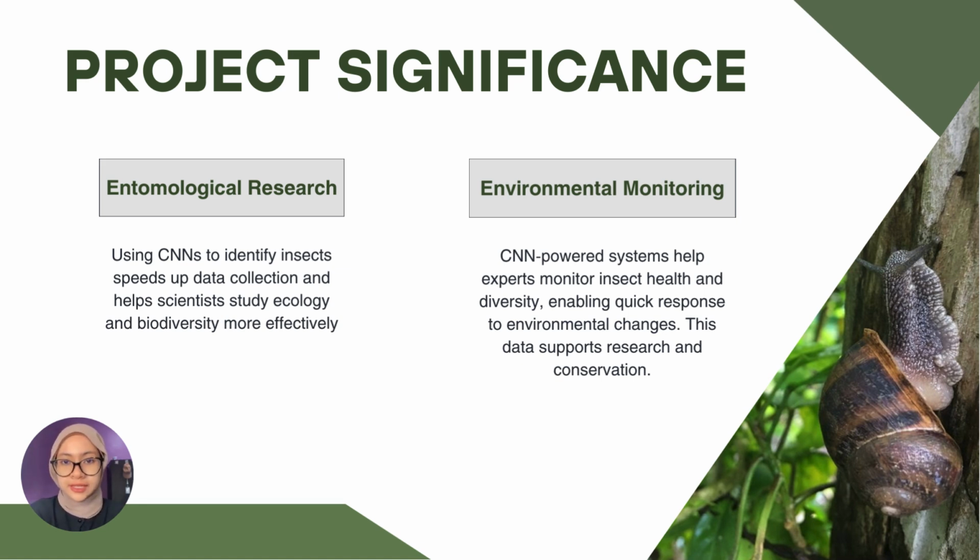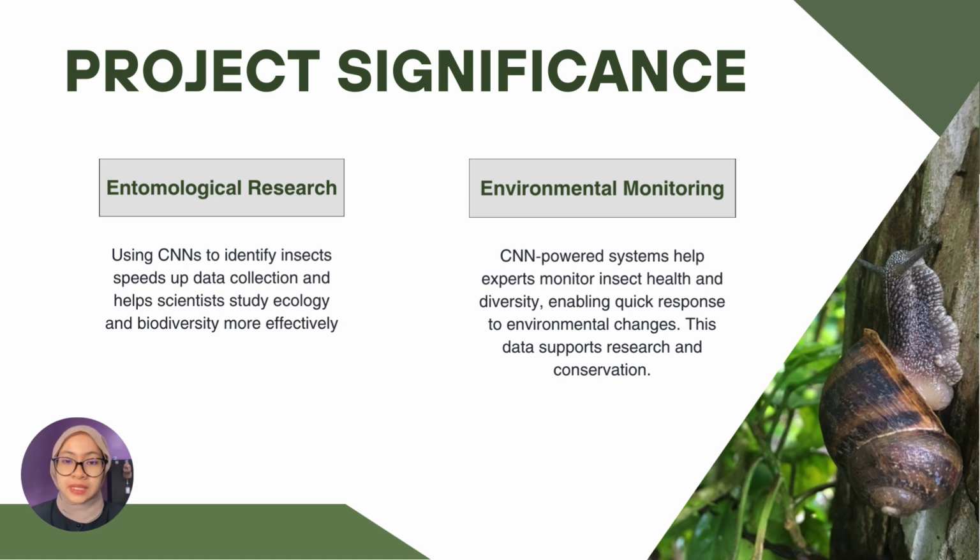For entomological research, when we accurately identify insects, scientists may more thoroughly examine ecological relationships, trends, and biodiversity. These technologies speed up data collecting and processing, making long-term monitoring and broad ecological research easier.